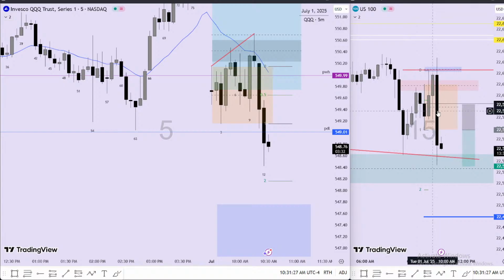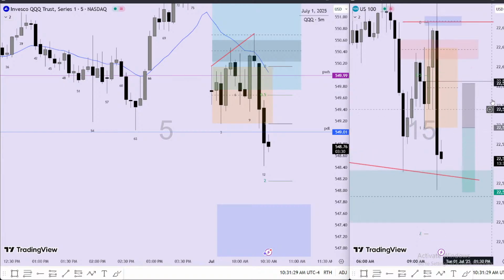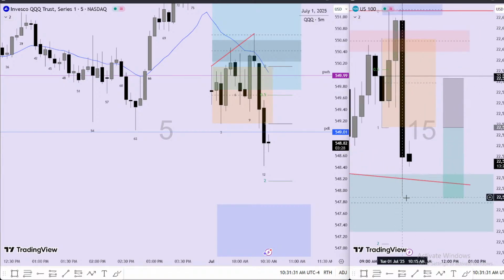In a 15 minutes, this candle is strong enough for a second leg. I'll be getting out at the high one, at the high one buy.